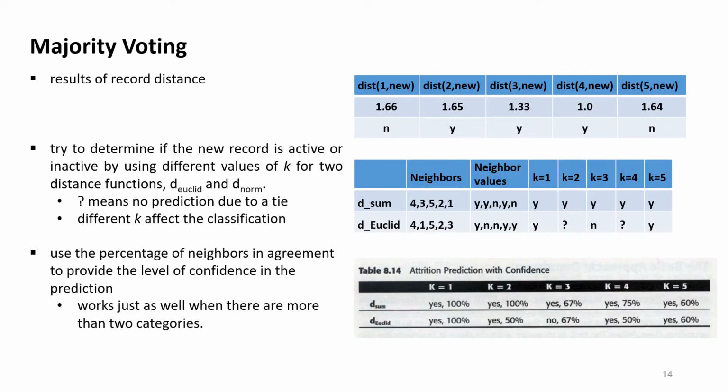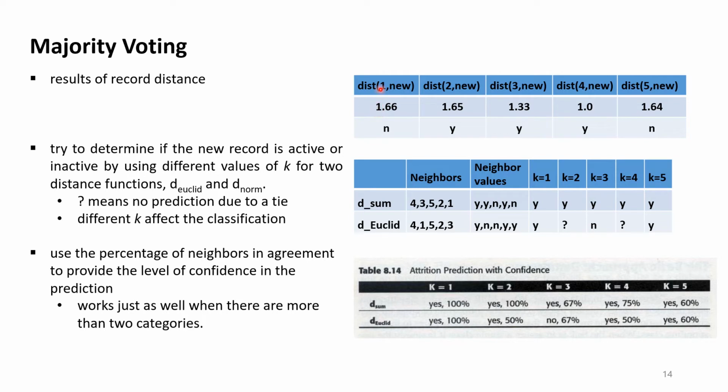The first method for combining the results of nearest neighbor is majority voting. So you're going to take a look at the example of majority voting here. This table shows the result of distance between new data and each record.